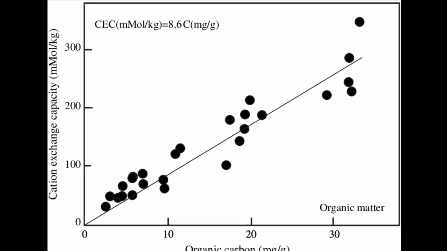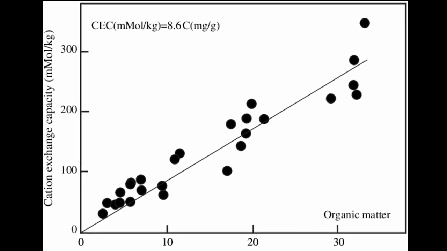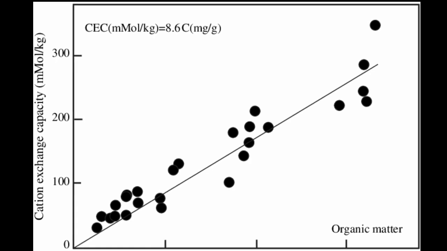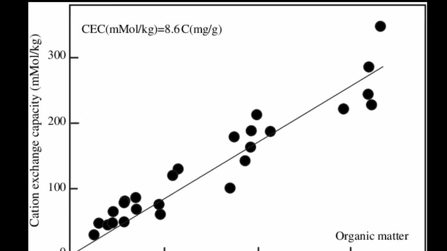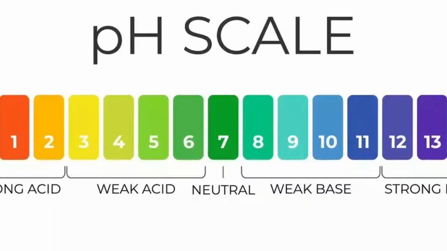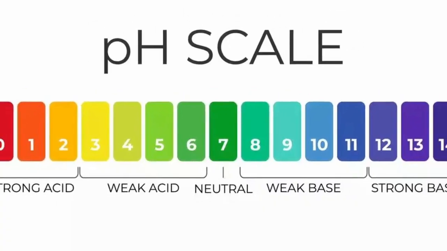The amount of organic matter in the soil also heavily influences its cation exchange capacity, as it too has negative charges on its molecular structures that nutrients can bind to. The pH level in a soil also affects its cation exchange capacity.